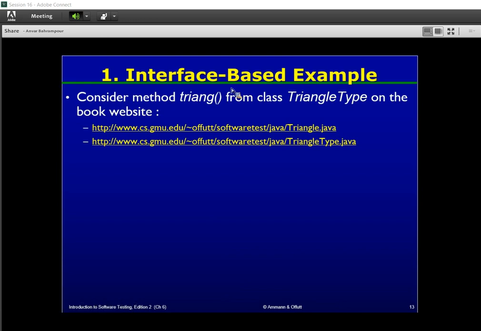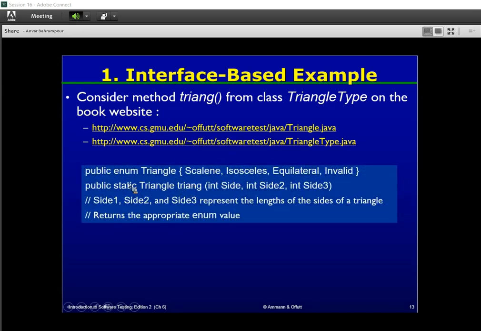We consider this example for both approaches to explain in more detail. So consider method triangle from class triangle type on the book website.